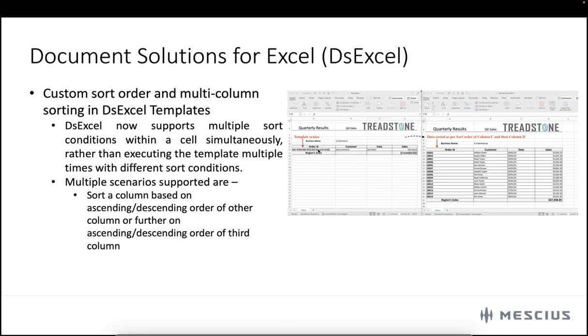That means that the data would again be sorted as per the descending order of column D, but column D would not be sorted, only column A would be sorted in this case. So if you define the condition like this, this is how the data would be sorted based on the sort order of other columns.